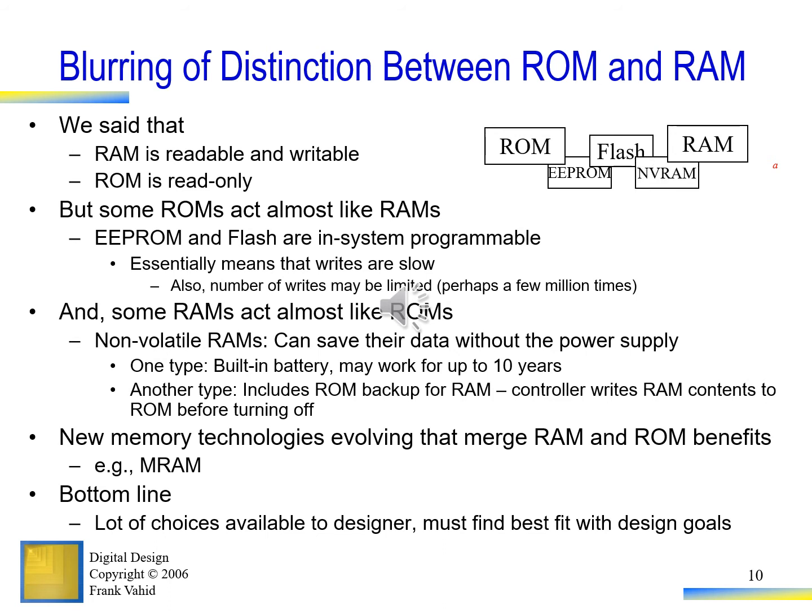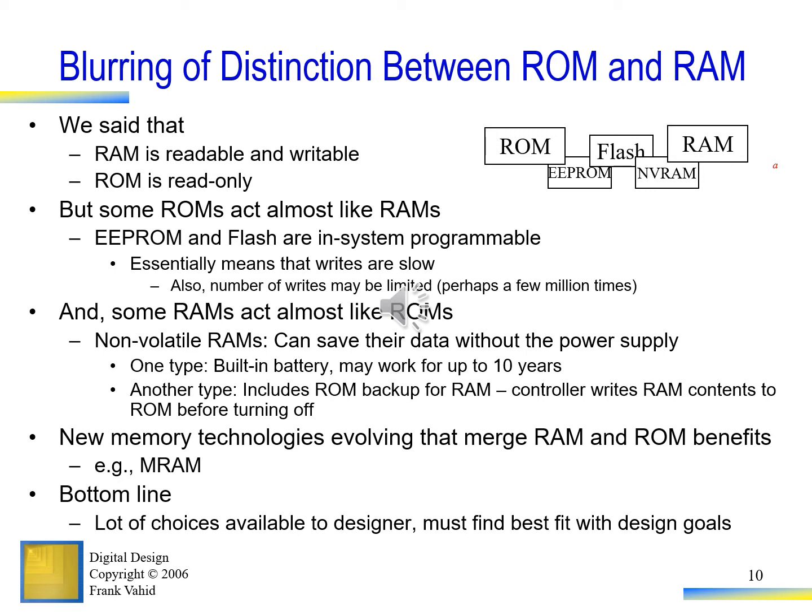So with the evolution of technology, there is a blurring of distinction between ROM and RAM. Why? It has been said that RAM is readable and writable, and ROM is only readable. But some ROMs can act like RAM, for example, EEPROM and flash ROMs. Essentially, it means that writes are slow, and the number of writes can be limited, for example, a few million times.